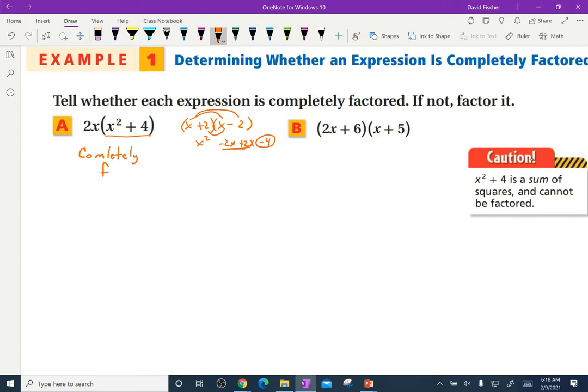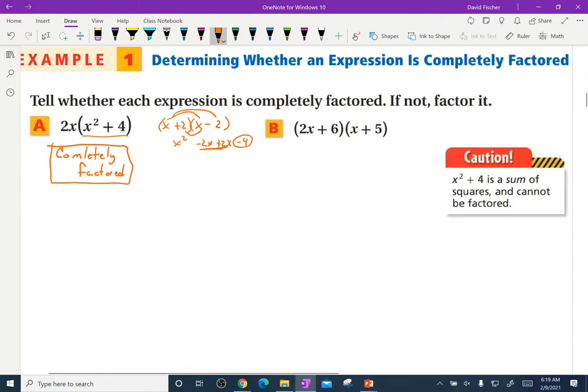But before we write completely factored, we should make sure there's nothing more that we can do. So I started this off with one that was already completely factored. Now if I look at this one over here, it looks like they already factored. But I'm looking at this binomial, and can I factor a 2 out of that? So we're not done. This one here can still take a 2 out.